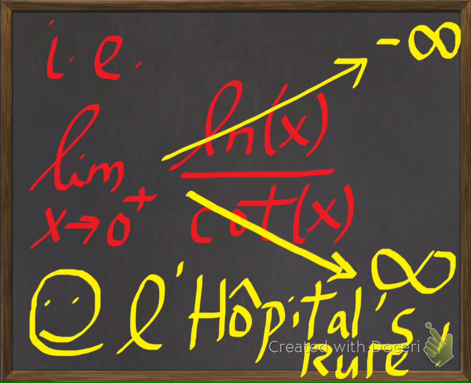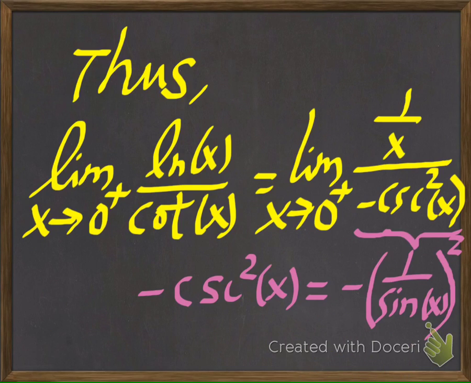Namely, we differentiate the ln x separately and the cotangent x separately. Differentiating ln x, we get 1 over x.